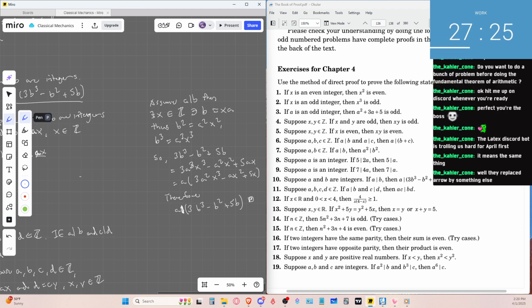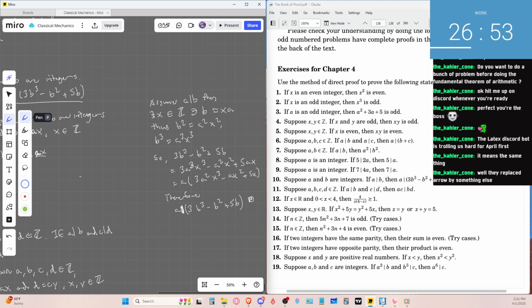Let's look at what this proof means. Okay, so assume that A is a divisor of B, then there exists an X that is an element of the integers, and is an element of. But why would they write it backwards? That's the one thing I'm not understanding. Well, they replace the arrow with something else.